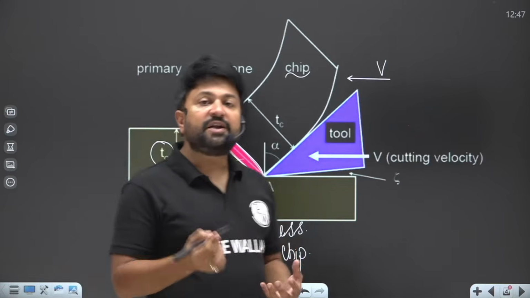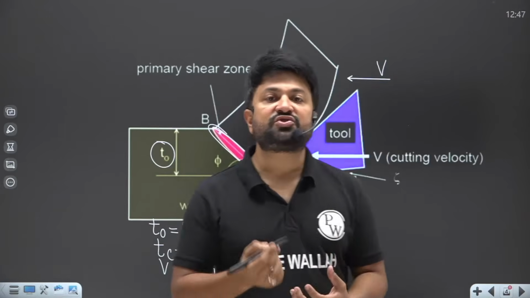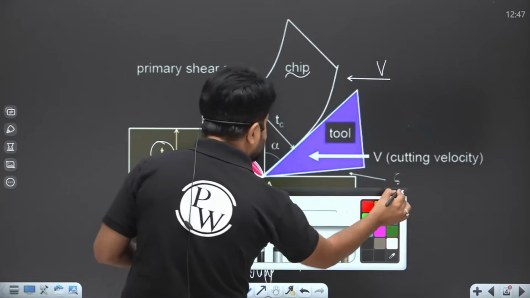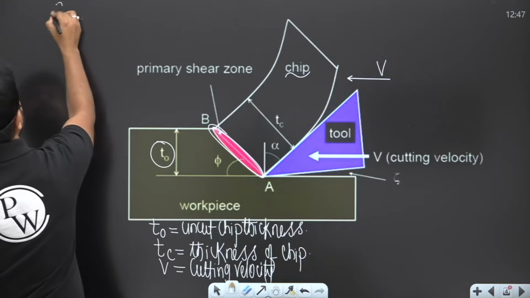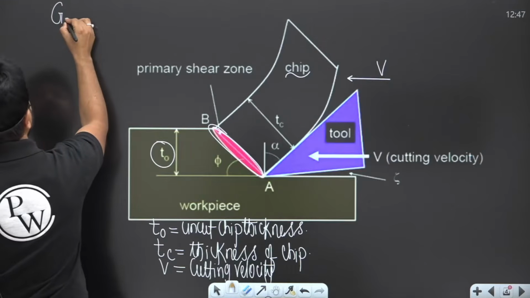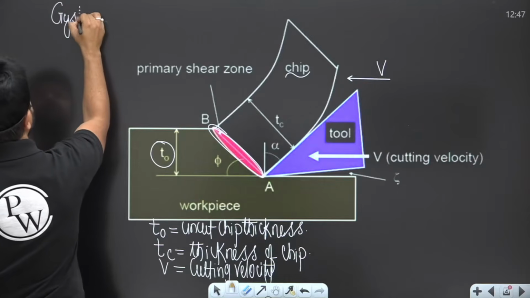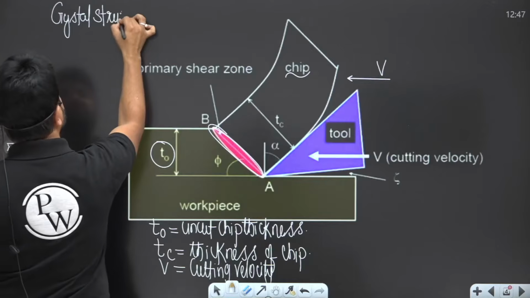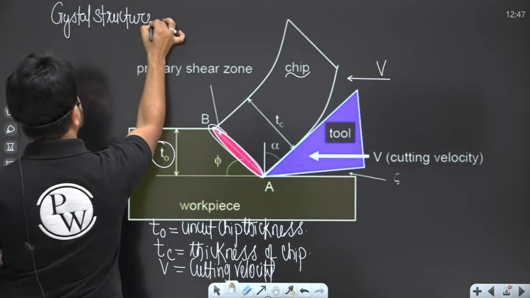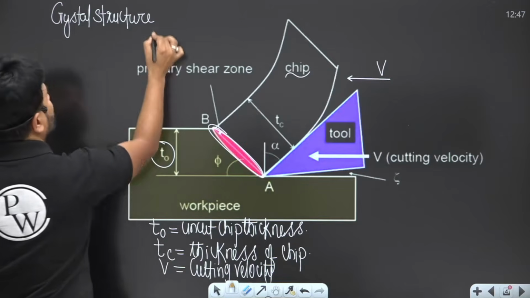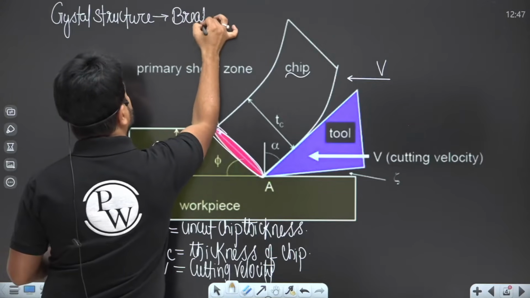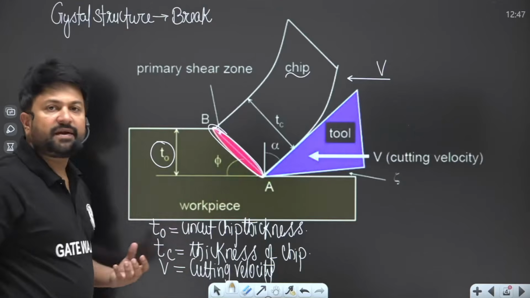In the primary deformation zone, the crystal structure is going to break, right? The crystal structure is going to break. So a lot of bonds are going to break.